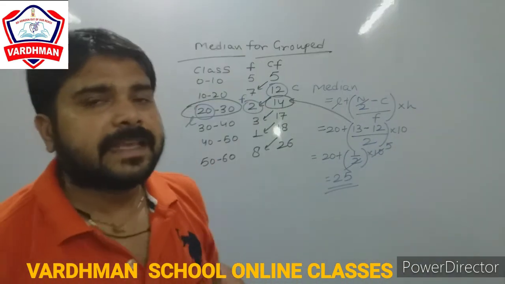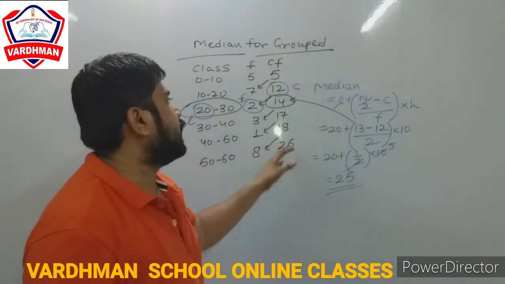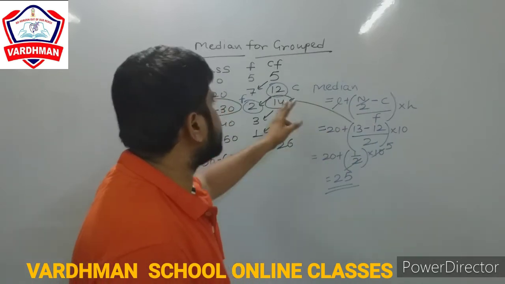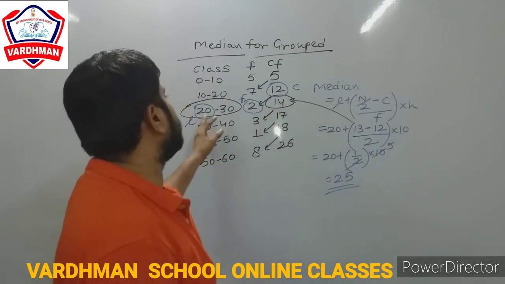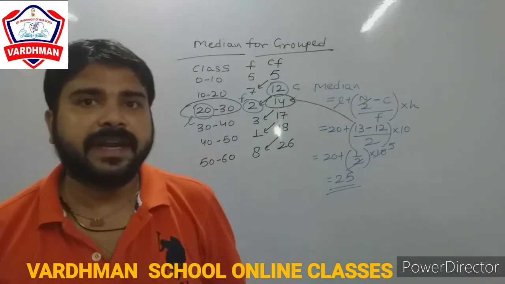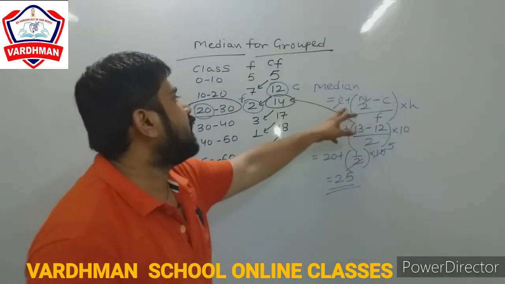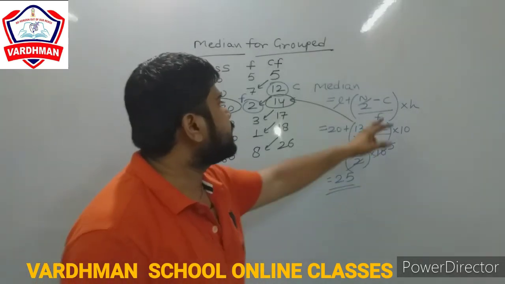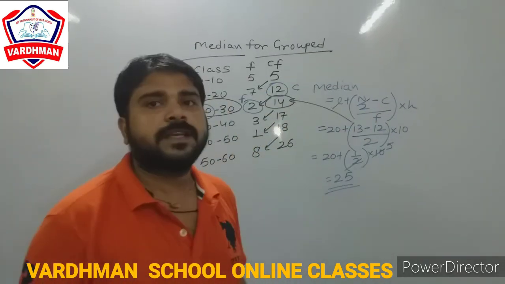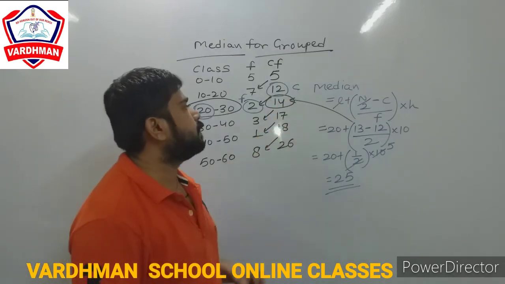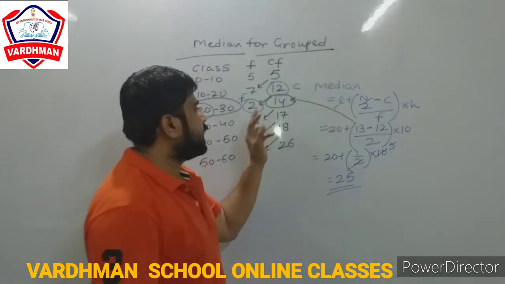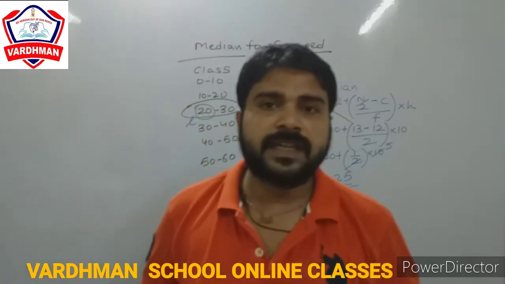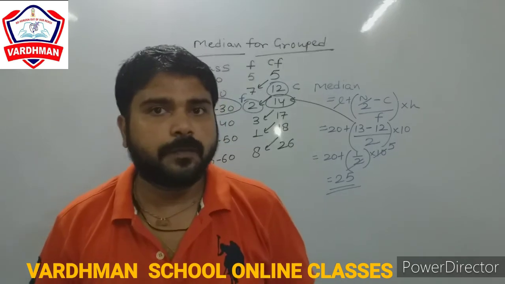In this type of question, first we find CF, then n/2. The class whose CF is just greater than n/2 is the median class. Then L is the lower limit of the median class, C is the preceding cumulative frequency, F is the frequency of the median class, and H is the class size. This is the median of grouped frequency.